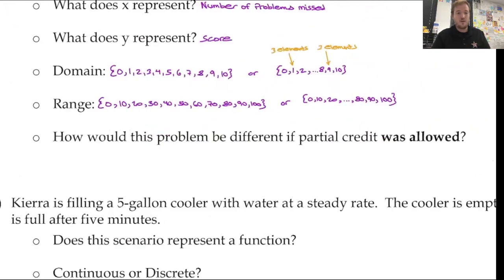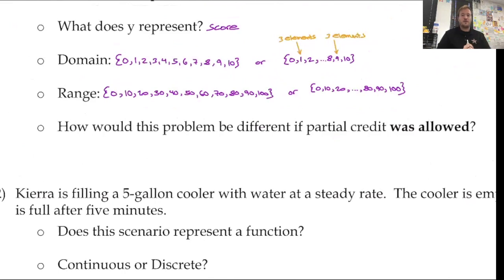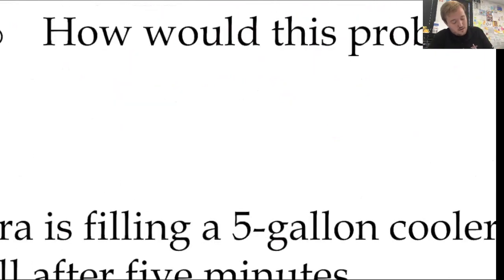All right, so now you want to determine how this problem would be different if partial credit was allowed. So here's the thing. In this case, now you can miss a part of a problem. So what that means is this problem would then become continuous.